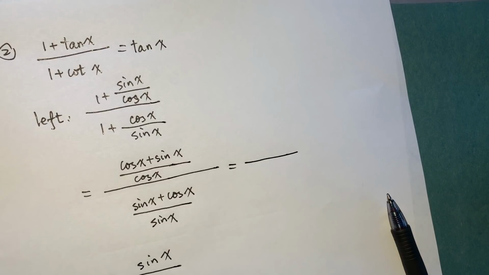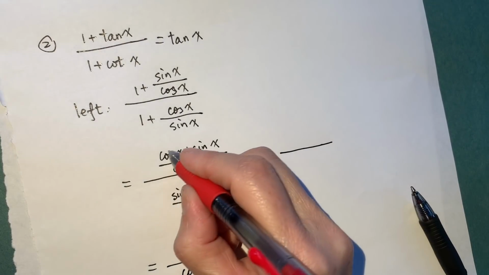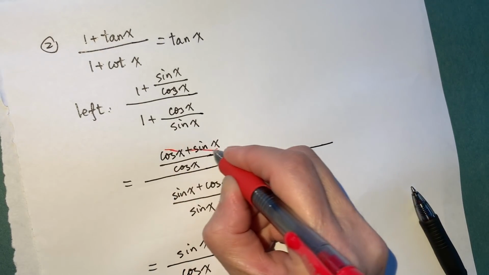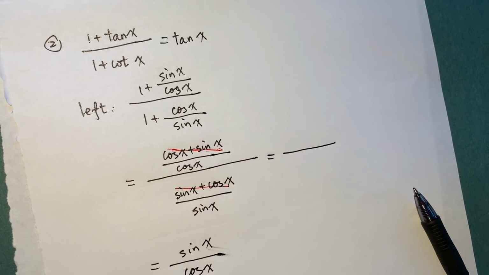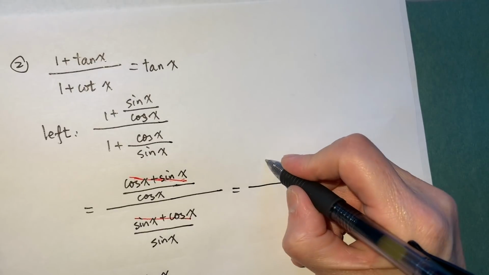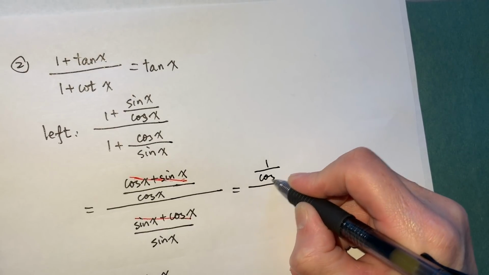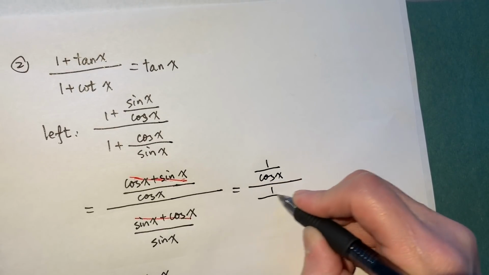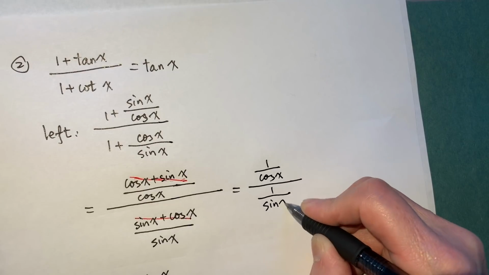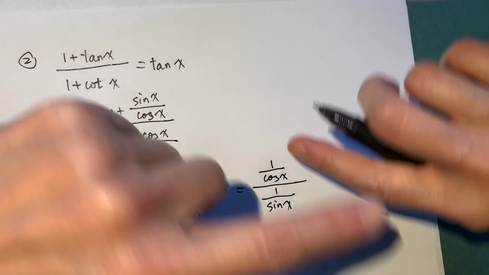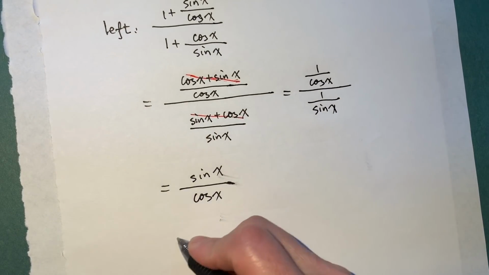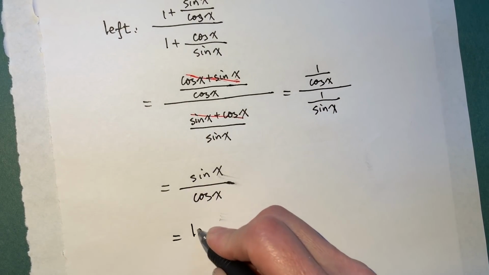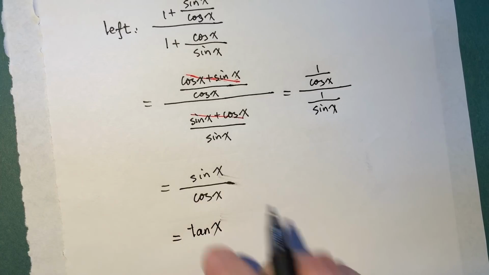Oh, I didn't find the glitter pen, but I will use a different color. So this and this can be cross cancelled. So 1 over cosine x, 1 over sine x. So the sine x will flip up, become sine x over cosine x, which is tangent x.